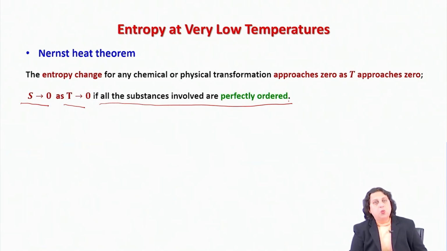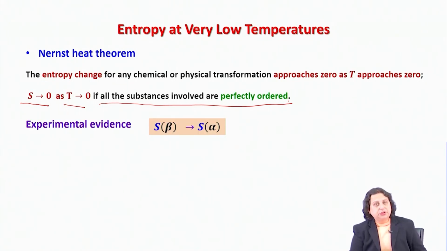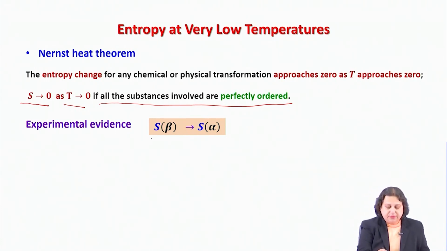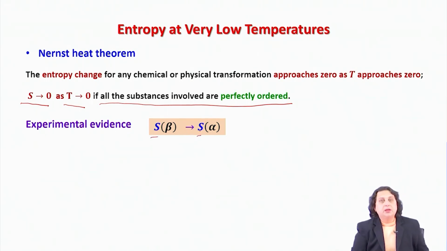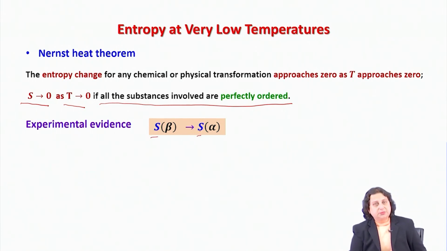I will give you one typical example of experimental data that was used to propose this heat theorem. This corresponds to a structural transformation of sulfur. So the S that I have noted down here in blue corresponds to sulfur, not entropy.